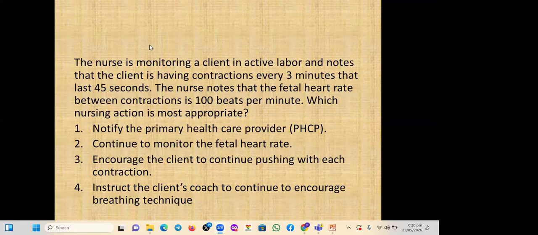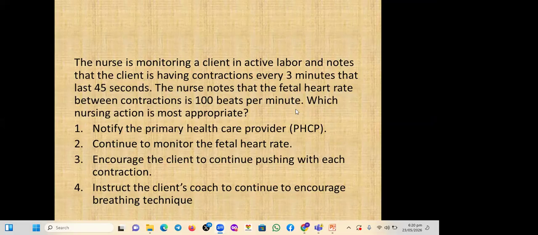So if it is late decel, for the options given here there was no room for intervention. So I would have to notify the primary healthcare provider. That's why I went for 1. Okay, all right. She has given us her rationale.